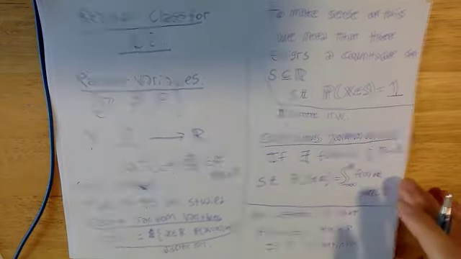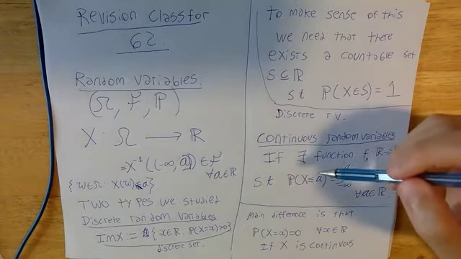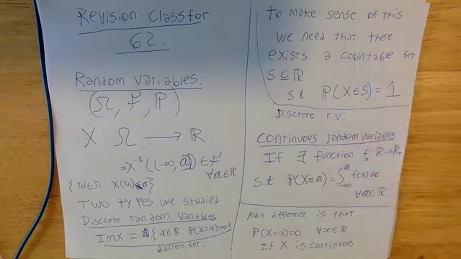Discrete random variables can give mass to specific points, but continuous random variables don't give mass to specific points, but give mass to open sets.